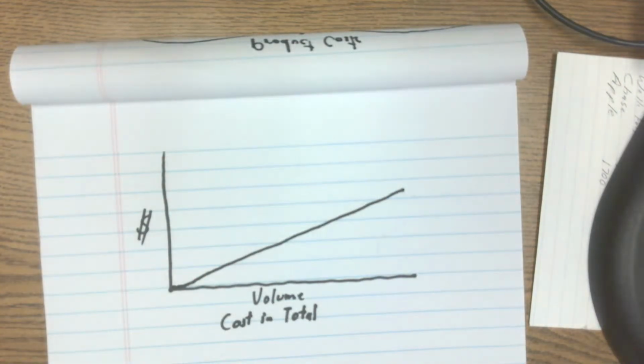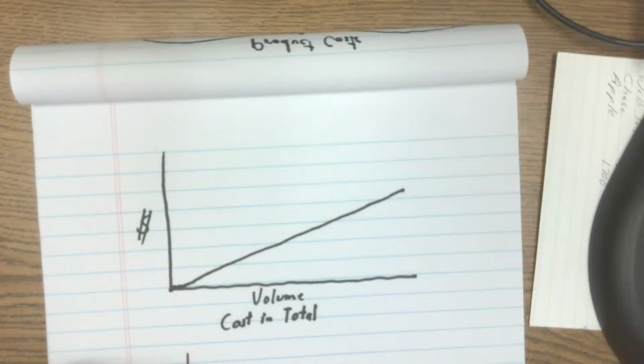And right now, you might be asking yourself, well, what about this idea that we introduced in the last video about economies of scale? And if I buy more, don't I get a cheaper price? And the answer is yes. What happens? Let's say, again, we'll use cost in total.